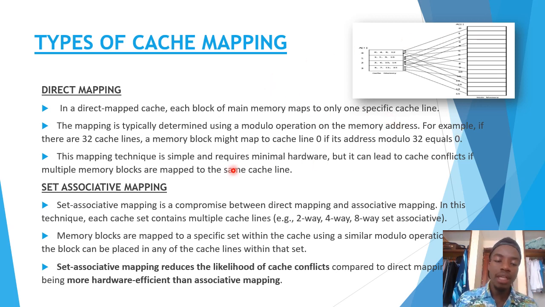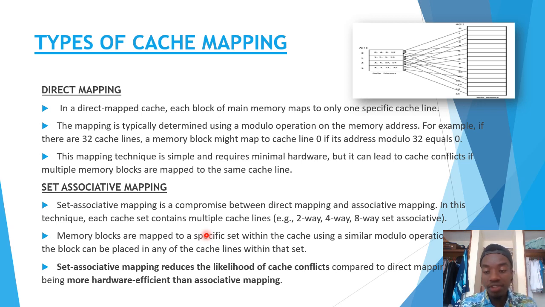Then now we get to the set associative mapping. Set associative mapping is a compromise between the direct mapping and associative mapping, and we shall see the associative mapping in a later topic. In this technique, each cache set contains multiple cache lines.